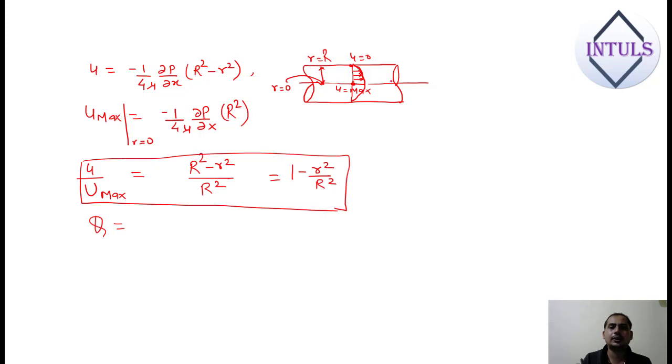So suppose here is the small element. Here I'm taking a small element inside the pipe, and here I'm assuming the velocity is constant, that is u, and the radius is small r.